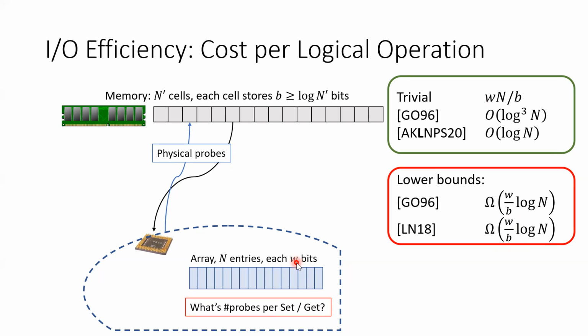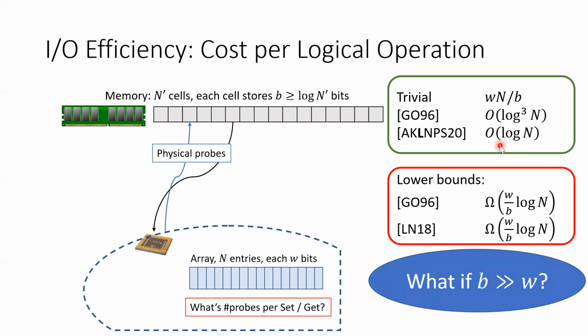So in these cases, this W over B factor is not very useful for lower bound because asymptotically, if we have this B factor greater than log n, this lower bound just becomes almost trivial and doesn't match the upper bound anymore.